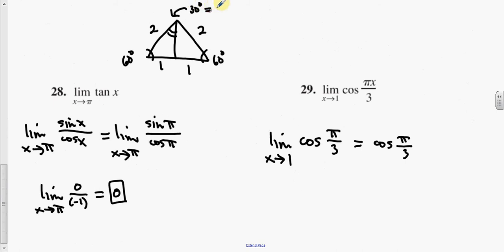Well, 30 degrees or pi over 6 and 60 degrees or pi over 3. You find this height using the Pythagorean theorem, you get the square root of 3. And so the cosine of pi over 3 is the cosine of this 60 degrees. So that's going to be 1 over the square root of 3.